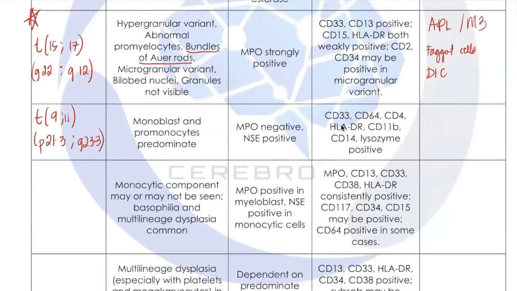So, this type of AML may also manifest DIC. Okay, it may include DIC, and also it may be characterized by extramedullary or tissue infiltration.